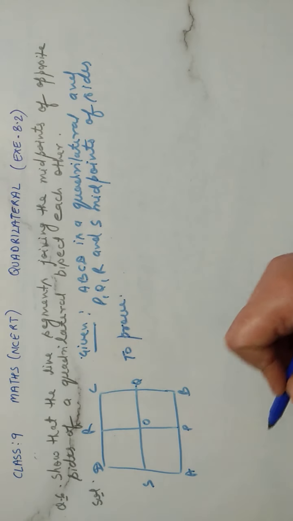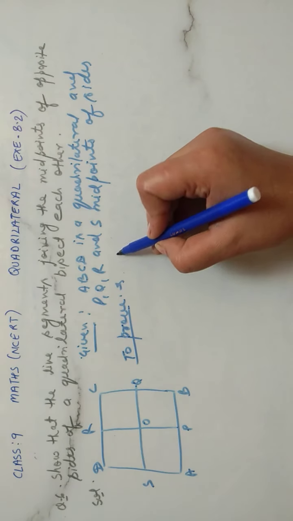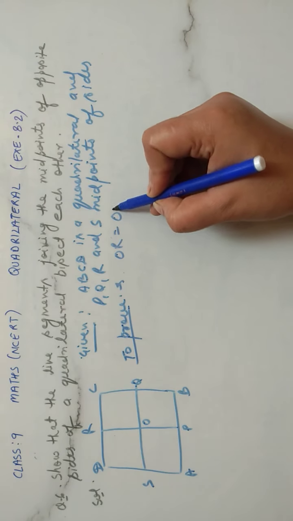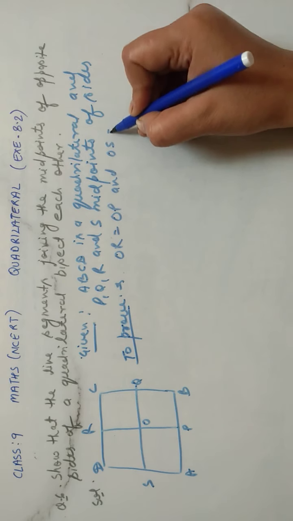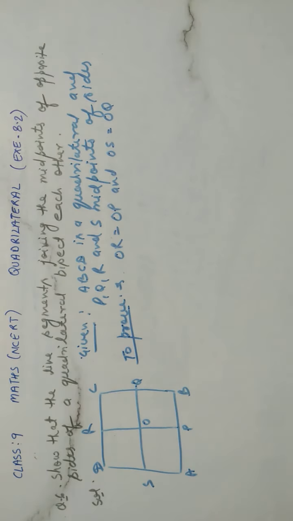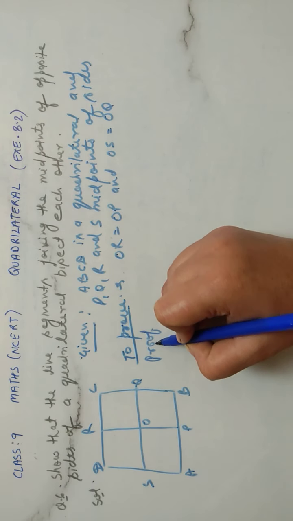We need to prove that PR and SQ bisect each other, or you can say that OR is equal to OP and OS is equal to OQ. Now see how we will prove it.